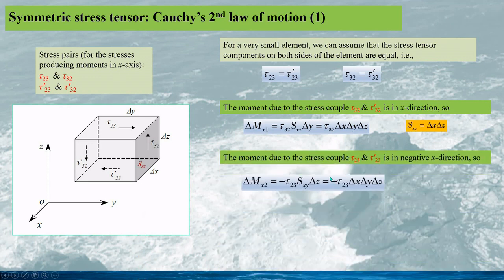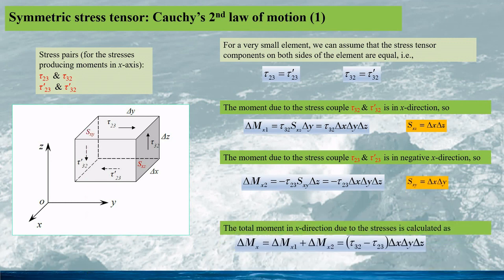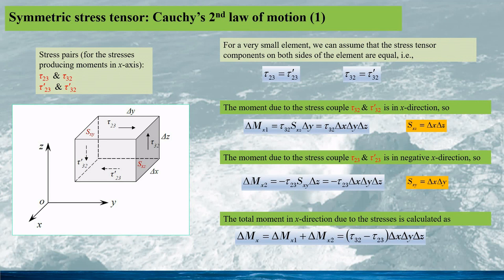Similarly, the moment due to the stress couple tau 23 and tau prime 23 would be in the negative x direction, so we have delta m x2 given by this. Put this together, we get the total moment in the x direction, delta mx, given by this.